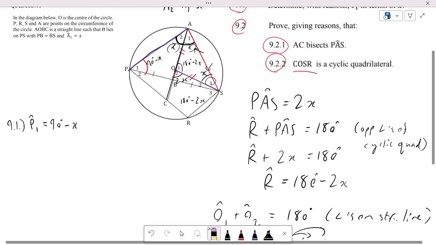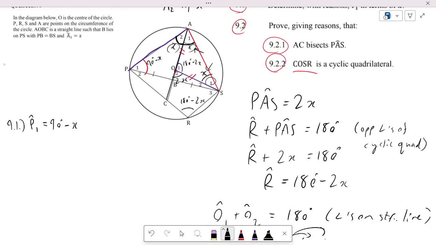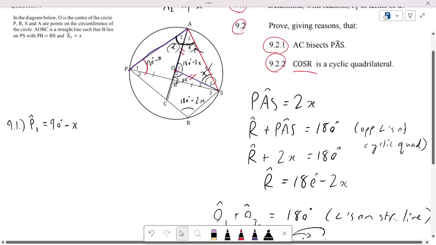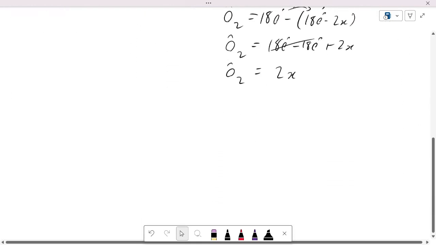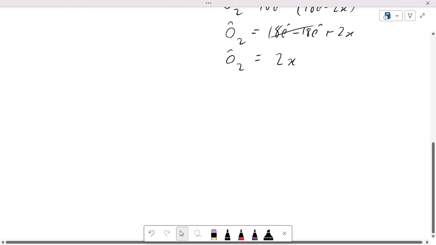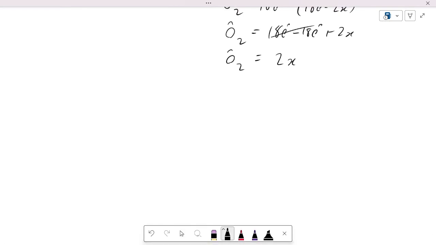So if we add these two angles together, angle O2 and angle R, we should get 180 degrees. So let's test that over here. If we add angle O2 and angle R, we must get 180 degrees, right? So that's what we are going to try and prove.